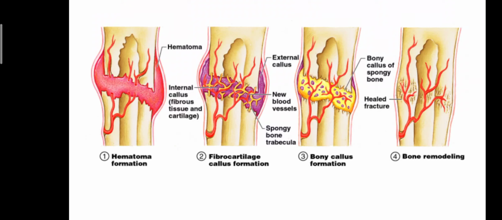Number 2, fibrocartilage callus formation: internal callus, fibrous tissues and cartilage; external callus, new blood vessels and spongy bone, trabeculae. Number 3 is bony callus formation, bony callus of spongy bone. Number 4, bone remodeling. Healed fracture.